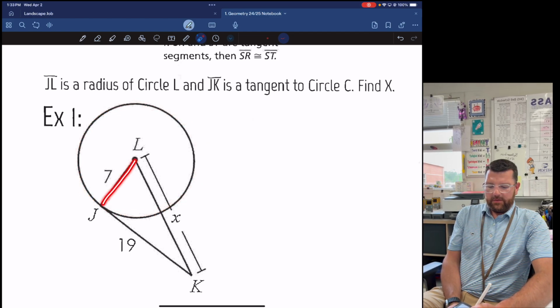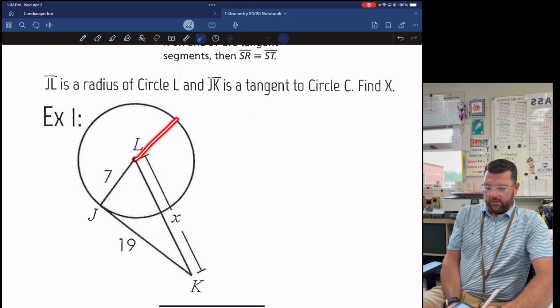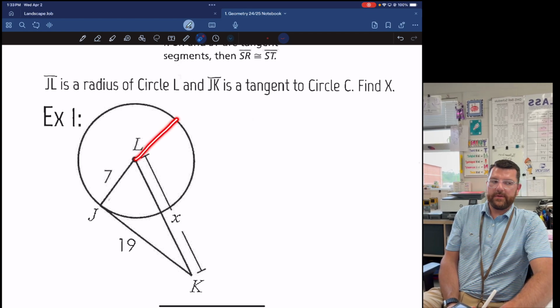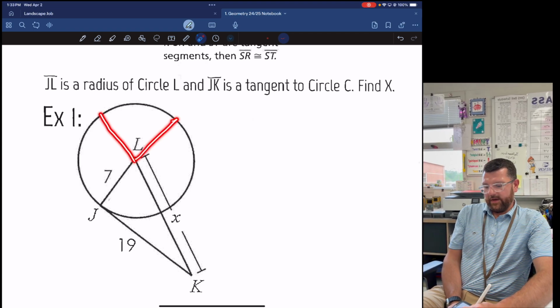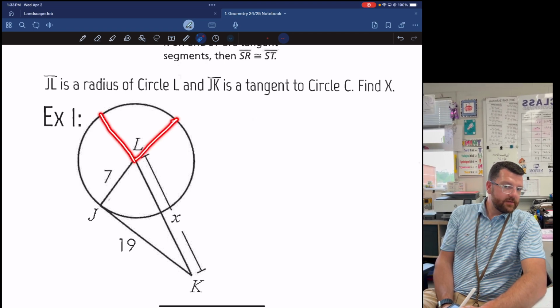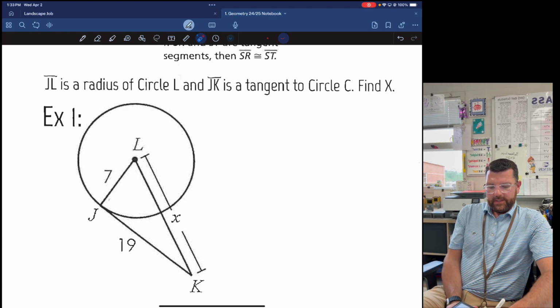So if from L to J is 7, from L to that point on the circle would also be 7, and from L to this point on the circle would be 7. So JL is the radius of circle L.